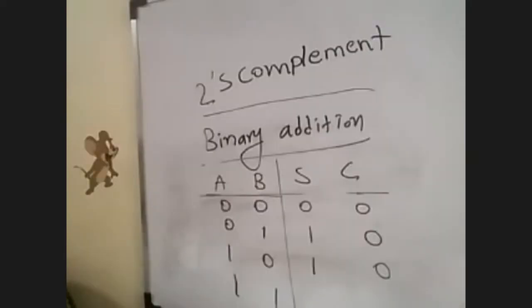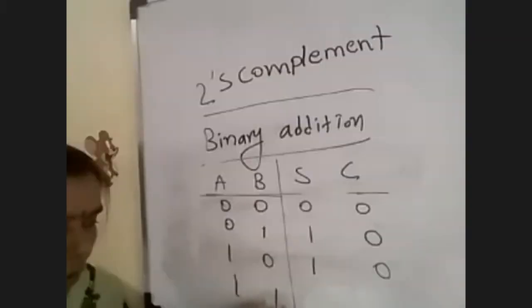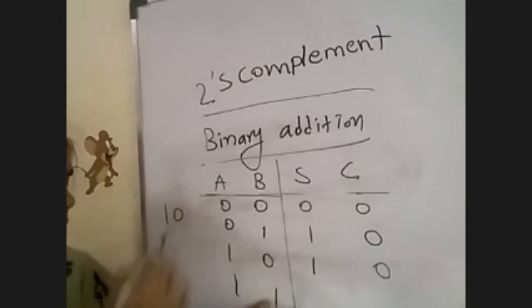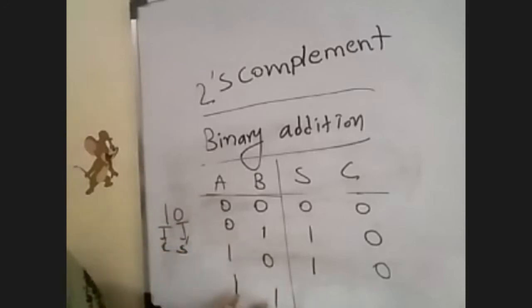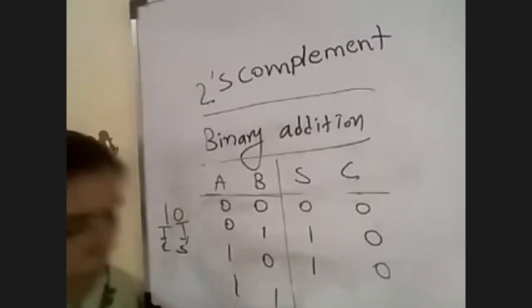Here 1 plus 1 is not 2, because this is the binary representation.